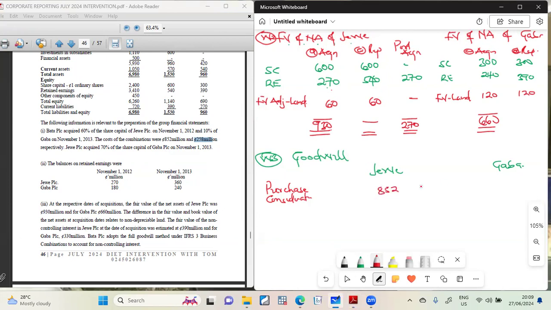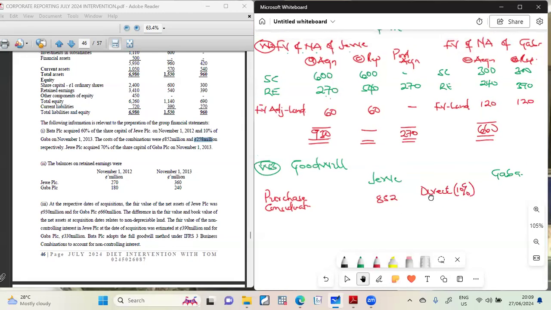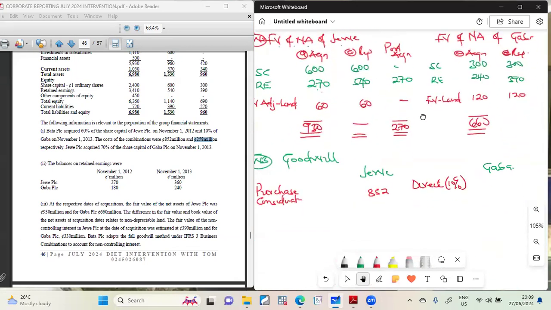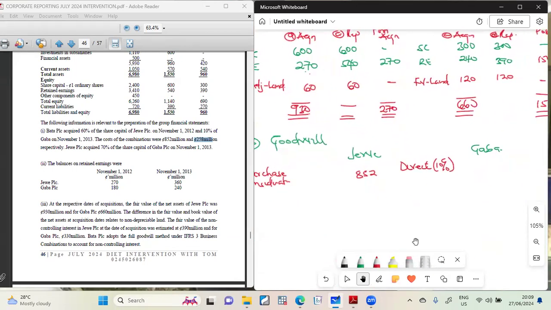And here you need to be careful, because here you have a direct holding. He bought 10% direct. If you check your group structure, you will see that the parent bought 10% direct himself. So the 10% direct, he bought it at 258. Then the indirect, do you remember how we do the indirect?